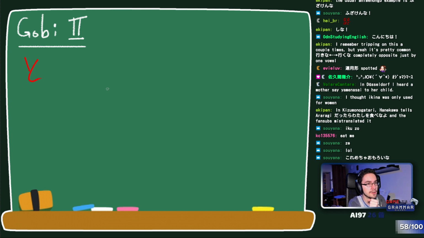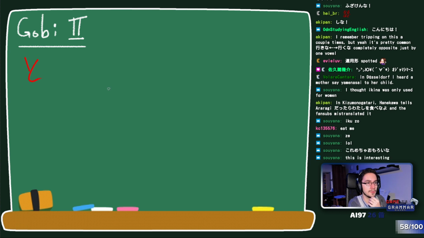For to also, there are three big usages. To declare something, storytelling. Okay, so number one, using to in a question.